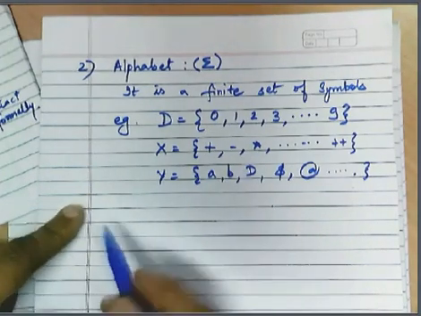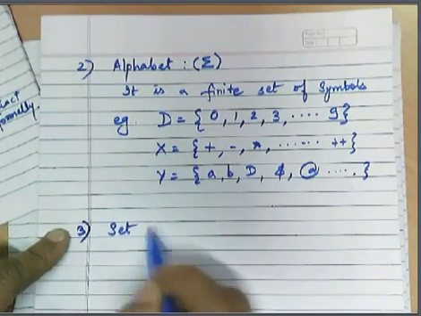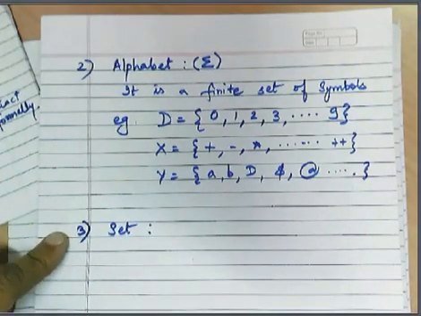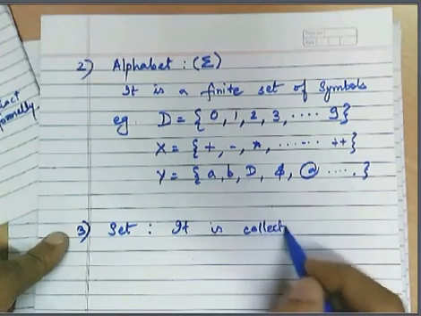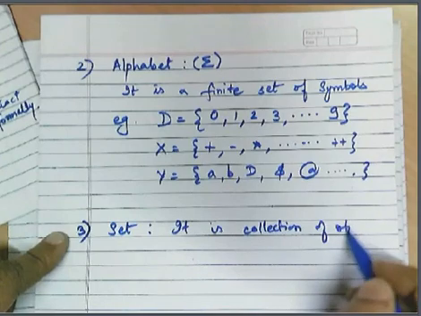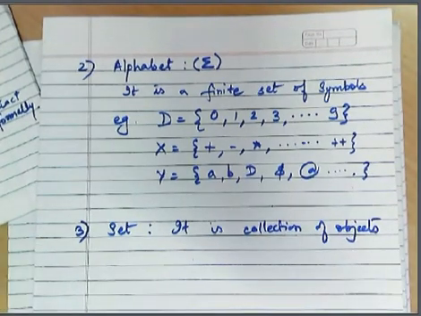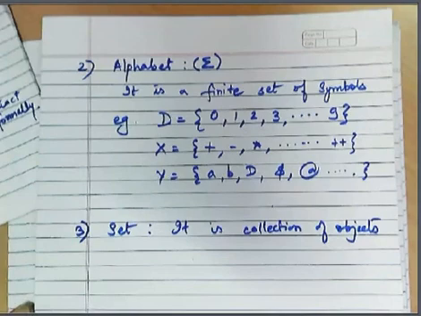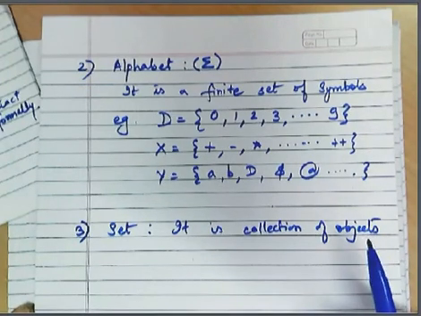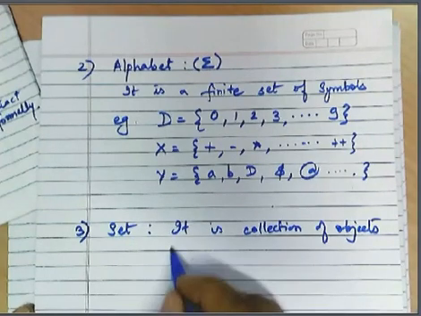Now third is the set. What is a set? It is nothing but a collection of objects without repetitions.